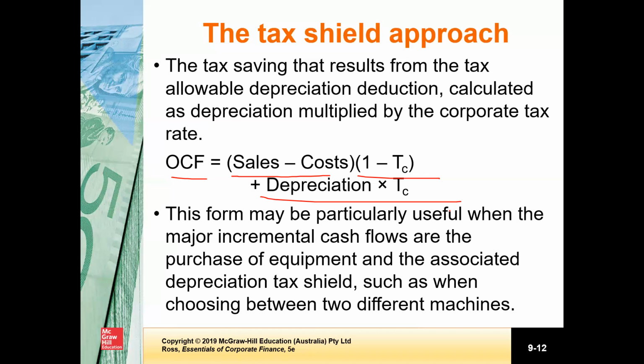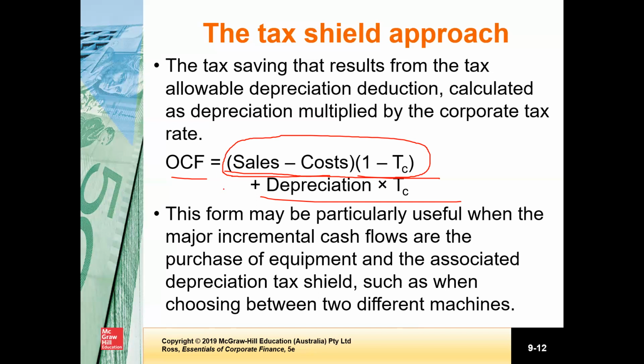This approach views operating cash flow as having two components. The first part is what the project cash flow would be if there were no depreciation.